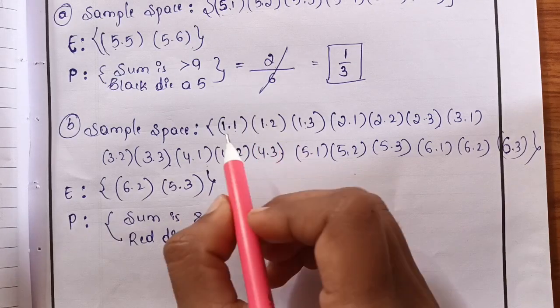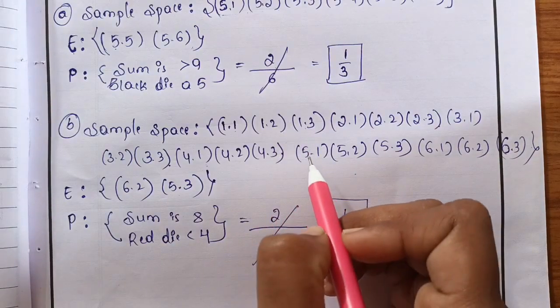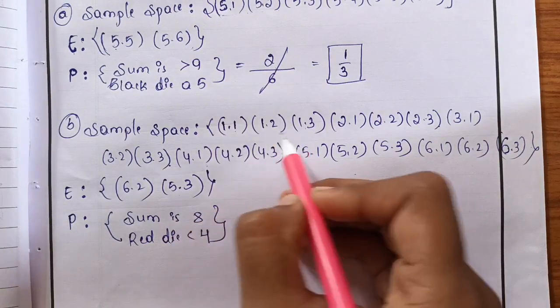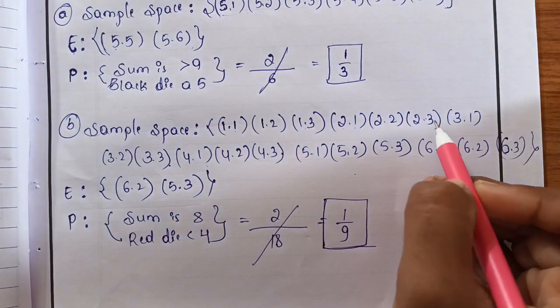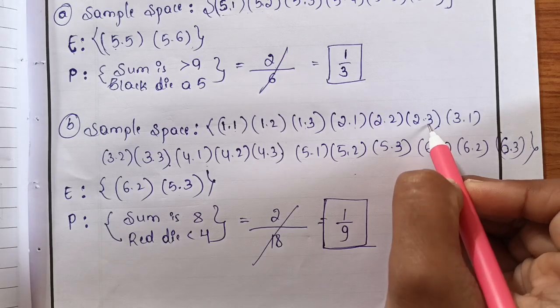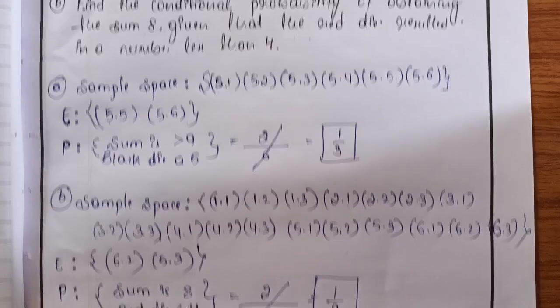Black we have 1 to 6, but red die we have less than 4. 1, 1, 1, 2, 1, 3. And 2, 1, 2, 2, 2, 3. Why are we taking the last 3 for the red die? Because the question says take less than 4.